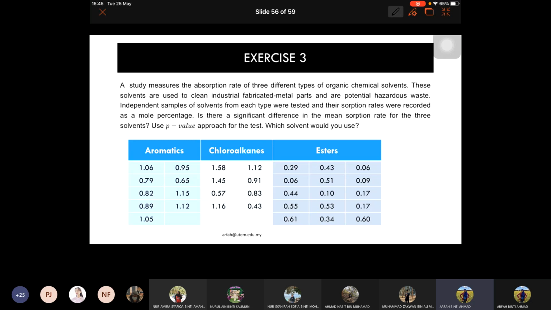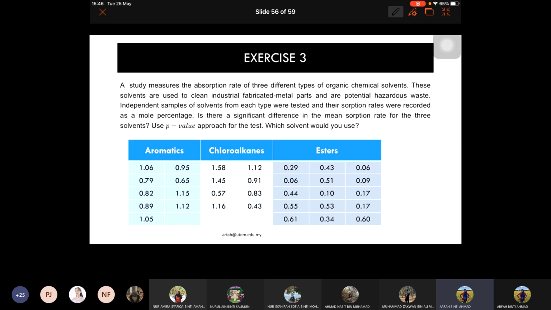So dia nak tengok kadar serapan untuk organic chemical, bahan kimia, solvent apa? What is solvent in Malay? Solvent ni macam pelarut. Oh, kalau pelarut. Pelarut. Industrial fabricated metal.